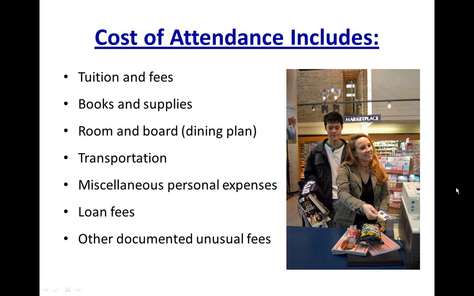The Department of Education allows colleges and universities to build in these estimated expenses other than the direct charges that will appear on the student bill, like tuition and fees and room and board. So if families want to borrow loans, they can borrow up to that full cost of attendance and get a refund to help pay for those other expenses like their transportation to and from college.